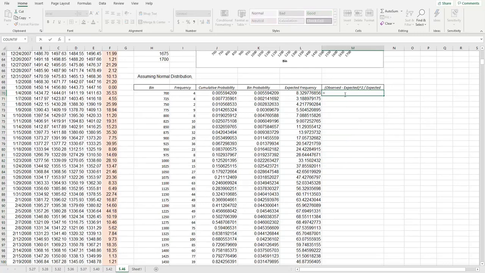Now let's calculate the formula for our chi-square values. Now to enter the data for this column, we just simply follow the formula on the column title itself. So our observed frequency here, we get it from the frequency table. And let's put that in brackets.